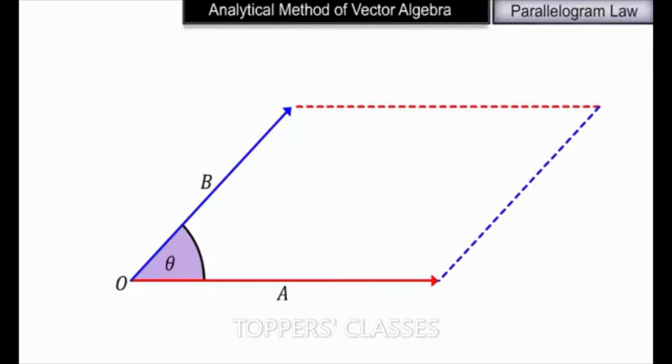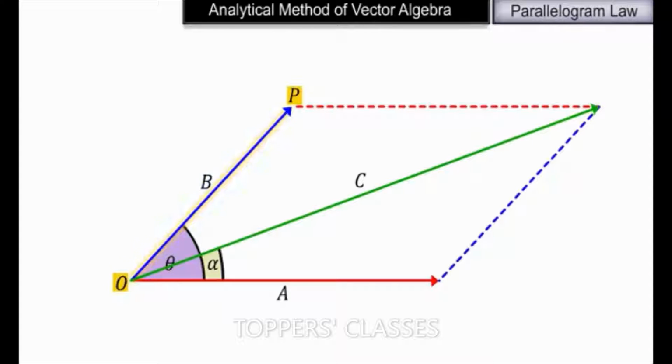The diagonal drawn from O of the parallelogram represents the resultant C of the two given vectors, A and B. The resultant vector C makes an angle alpha with vector A. In this figure, OP represents vector B, OR represents vector A, and OQ represents the resultant vector C.